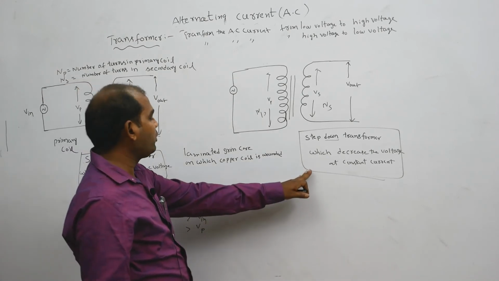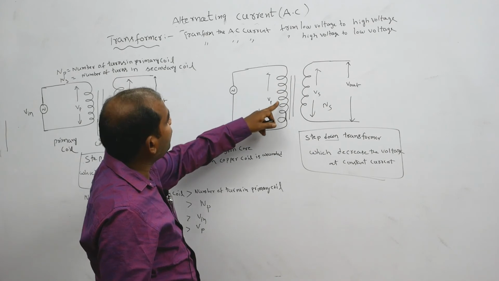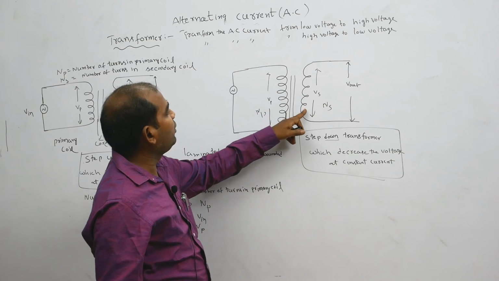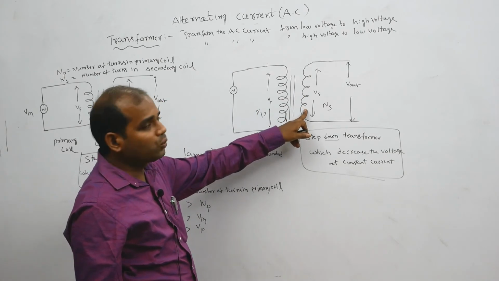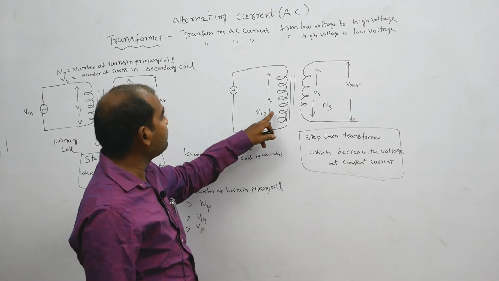Whereas in the case of a step down transformer, what happens? Look at this diagram. I drew 1, 2, 3, 4, 5, 6, 7 turns here, and only 4 turns here. In which coil is the number of turns more? That is the primary coil.